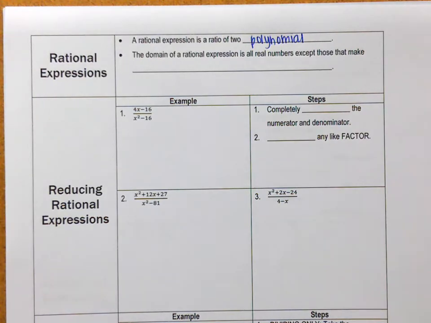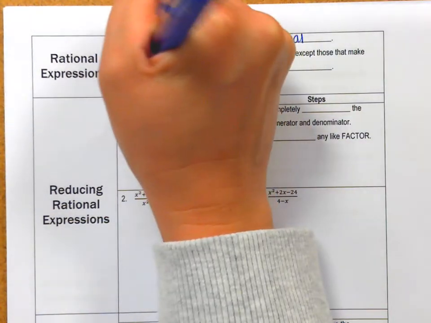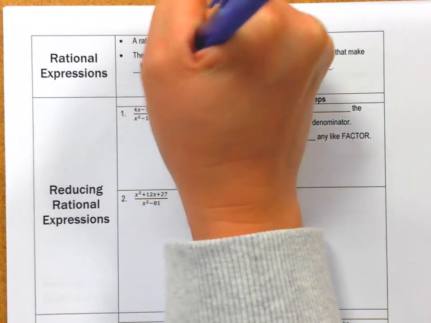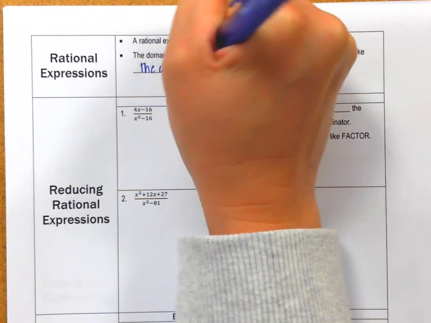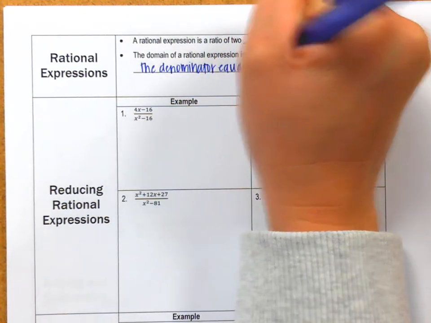The domain of a rational expression, this is something that should be review, is all real numbers except those that make the denominator equal to 0.